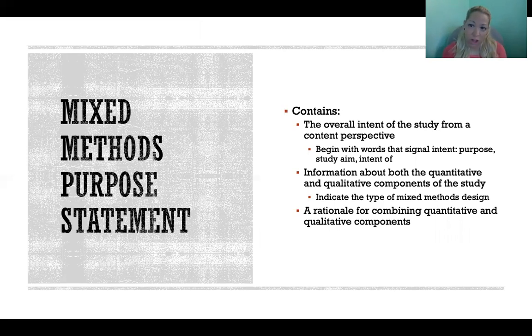You'll need to include really all of that information for both. So the information about participants and the research site, but then you're also going to need to include the qualitative aspects and the quantitative aspects, like the variables and so on, and indicate the type of methodology that you intend to use. So indicate what are the qualitative components, what are the quantitative components, and give a rationale for why both are important for the purpose of your study.